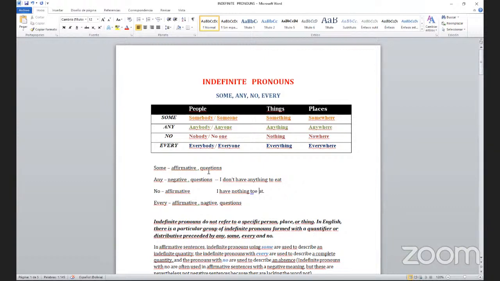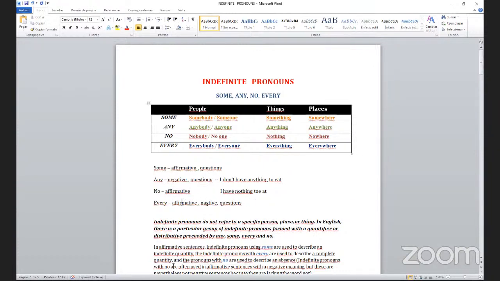And no only works in an affirmative sentence. Yes, yes. So for this grammar, the only thing that we must know is the rules of these four, okay? Some only affirmatives and questions, any negatives and questions, no only affirmative, okay?